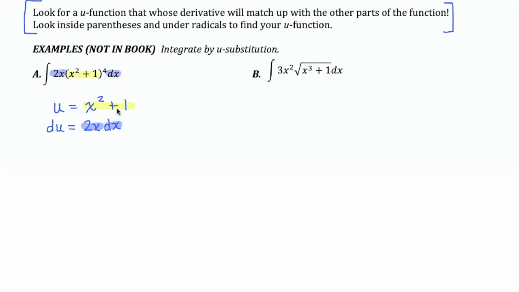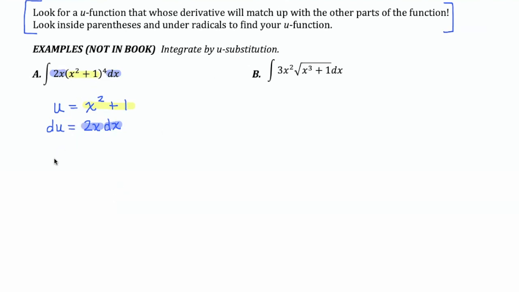So now I have highlighted just about every single part of my original integral, with the exception of this fourth power here. That's what we're talking about when we say you want the derivative of whatever you choose your u to be to match up with the other parts of the function you're trying to integrate.